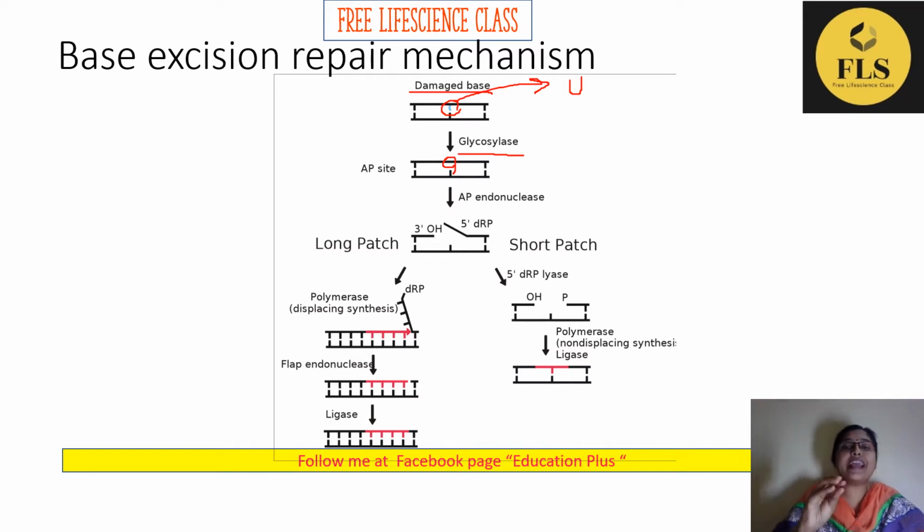Here a gap is formed, and this gap should be filled by the DNA polymerase, but DNA polymerase cannot act in a gap formed, so the other enzyme, the second enzyme we mentioned, that is endonuclease. So this endonuclease will come and cleave the DNA.